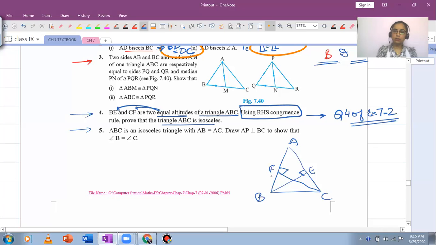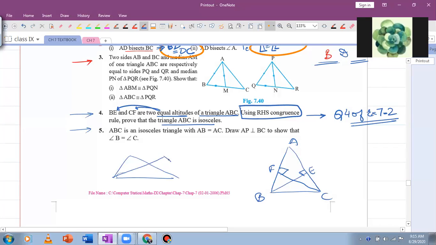So these are perpendiculars and these are given equal. The only way I can use the RHS rule is by taking these 2 triangles. Is that correct? Yes, ma'am. So they have a common base.